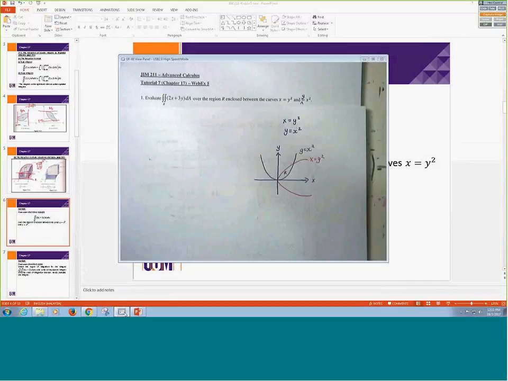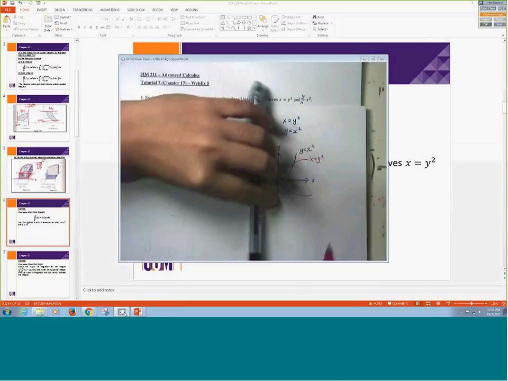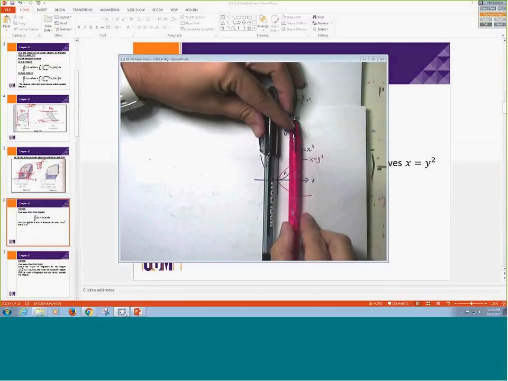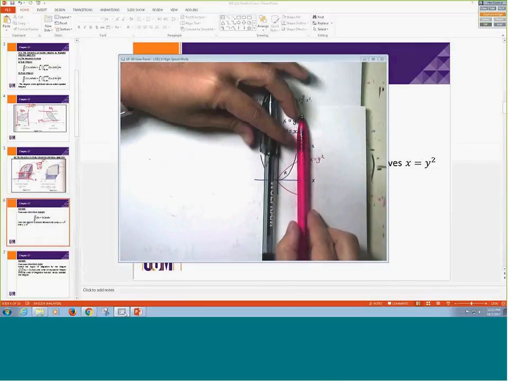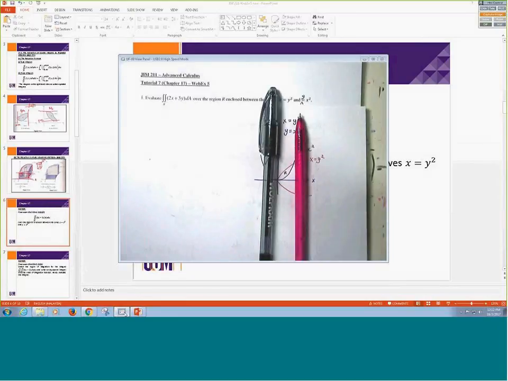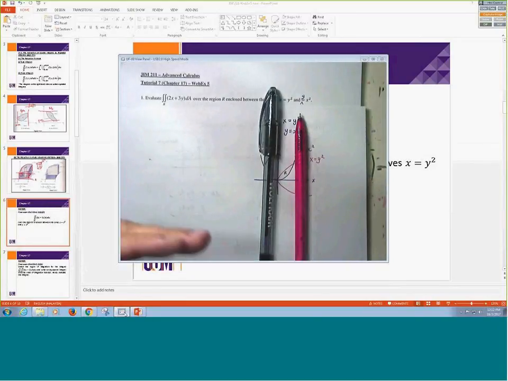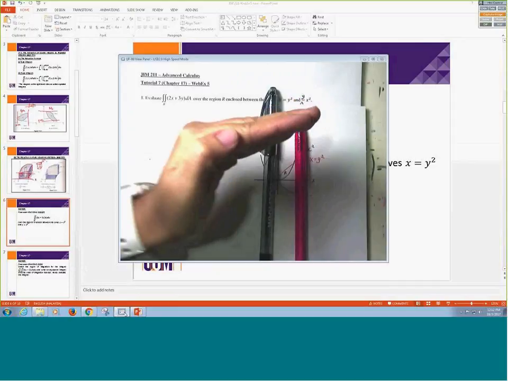Now you need to determine whether you want to treat it as type 1 or type 2. If type 1, you take x constant, a straight line, x from a to b, and then y is a function: the curve here and the other curve.